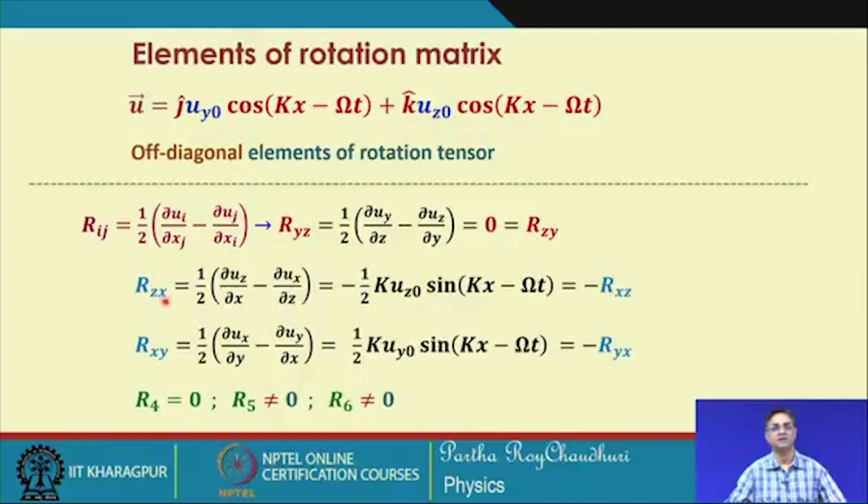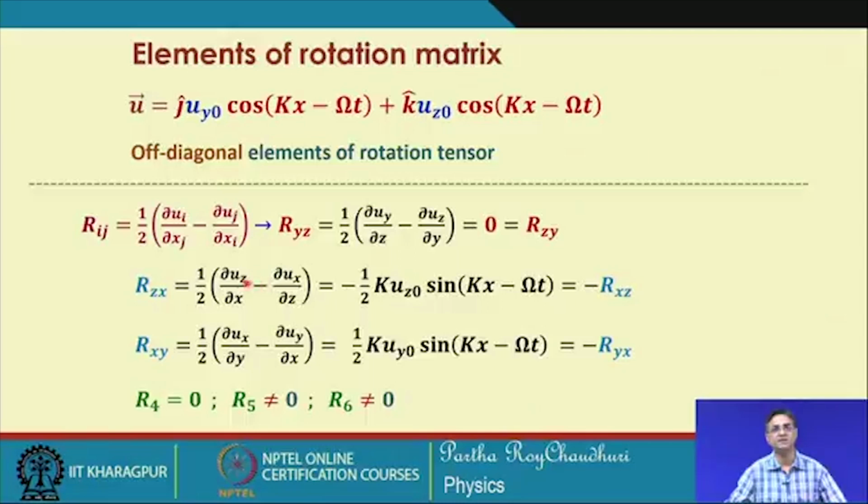But for R z x, along x there is a displacement, and along y there is a displacement with respect to x. So, that is non-zero. So, this quantity is positive. With respect to x, u y is non-zero, but with respect to y, u x is 0.